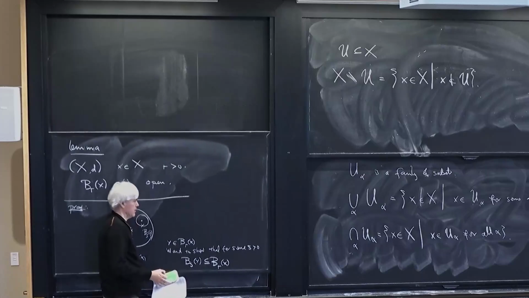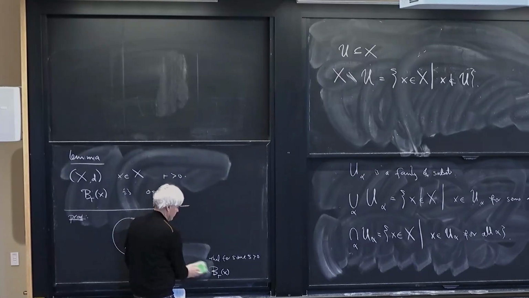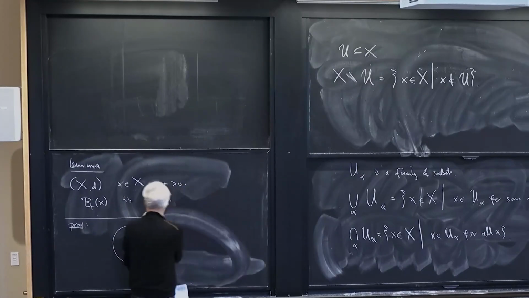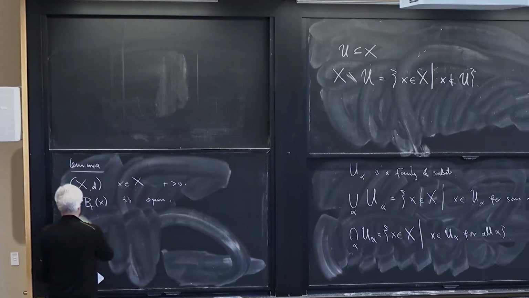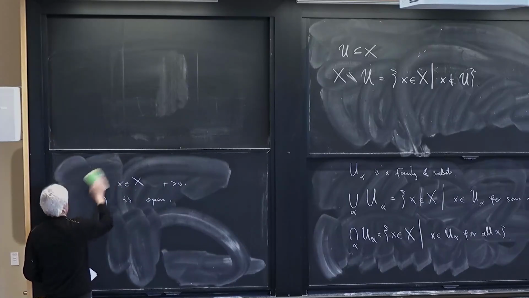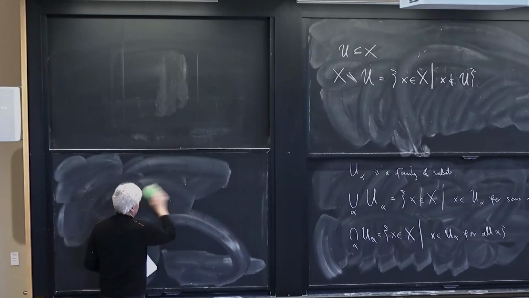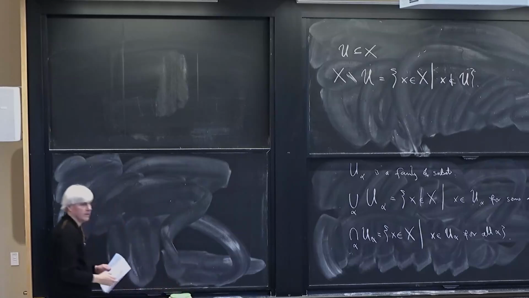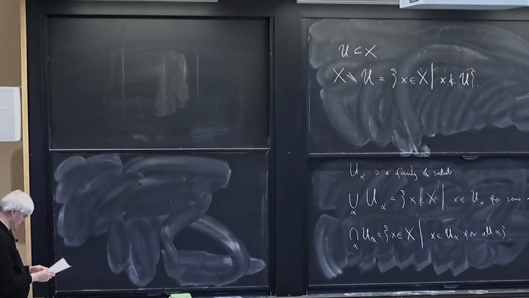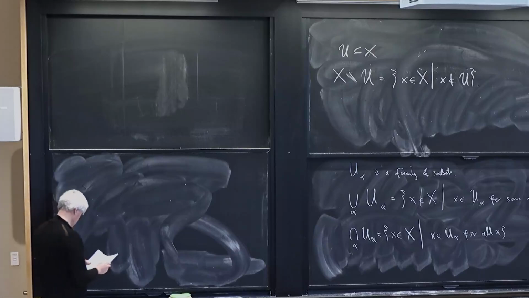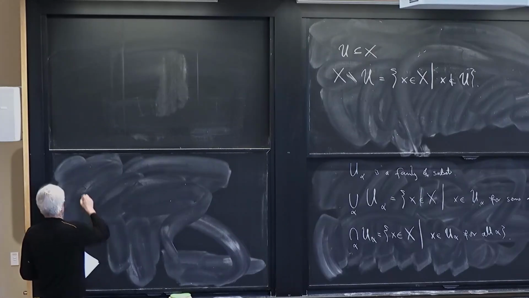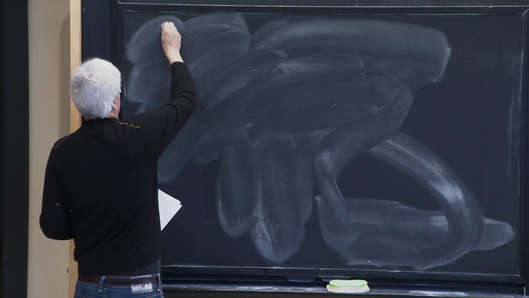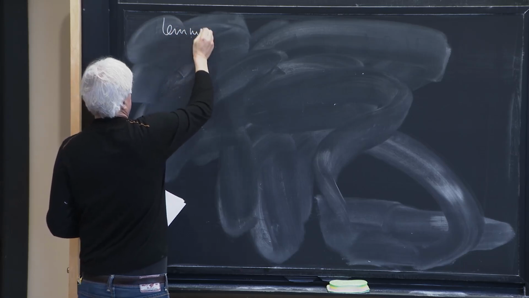I don't remember it myself, so I always have to run through it, but once you have done it once or twice, the proof is so trivial that it's not worth remembering. If you try to remember these things, you may remember it wrong, and that's much worse than just running through the proof. So you have the following lemma here.